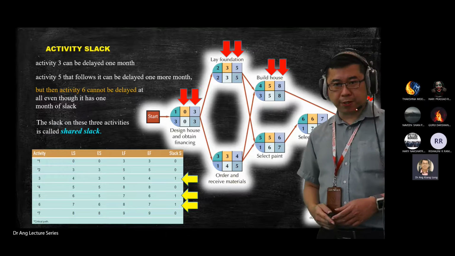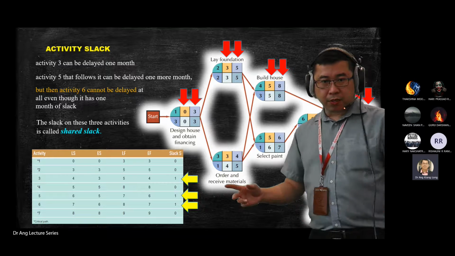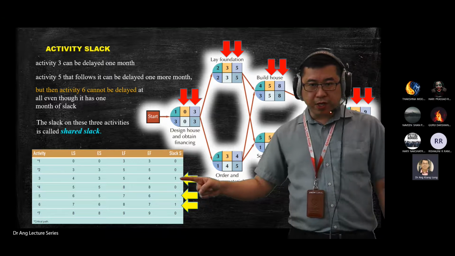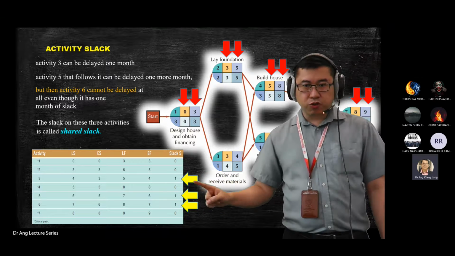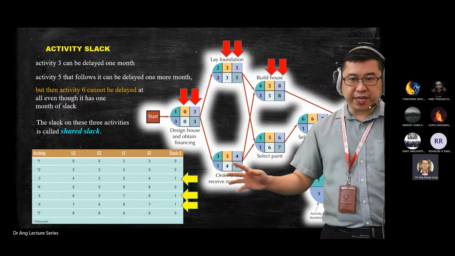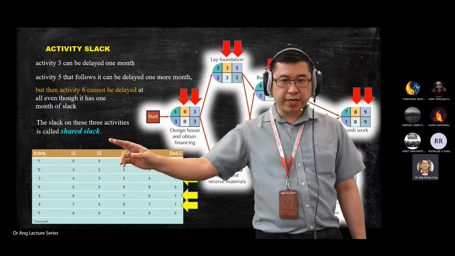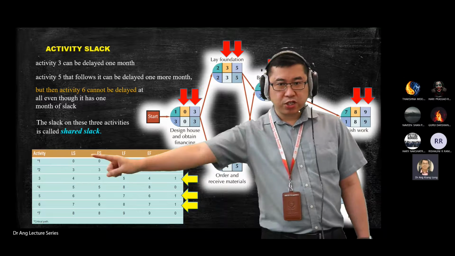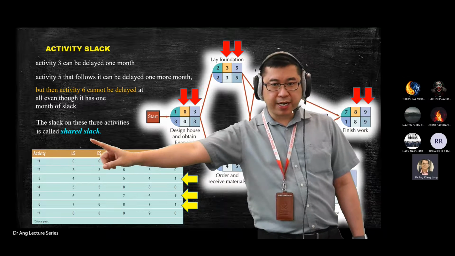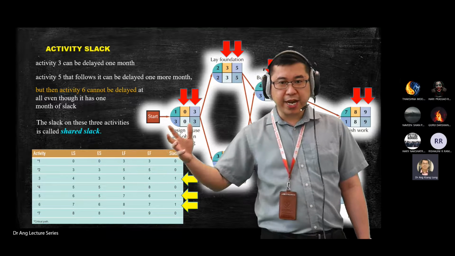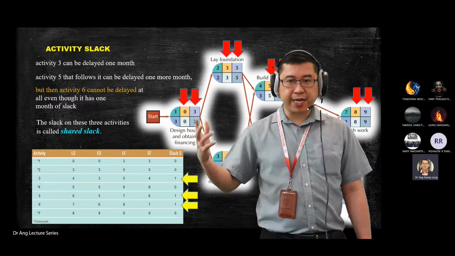Okay, let's continue. These 3 activities, 1 month, 1 month, 1 month, these 3 arrows here, we give them a name. They are called shared slack. So they are shared, right? They share the same delay time.